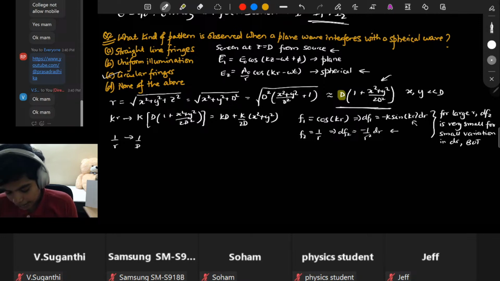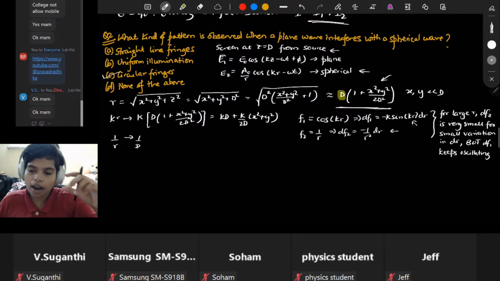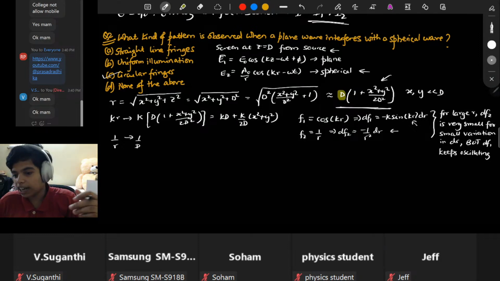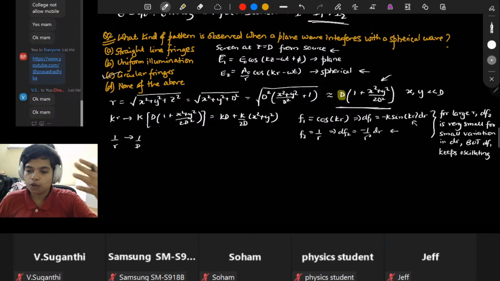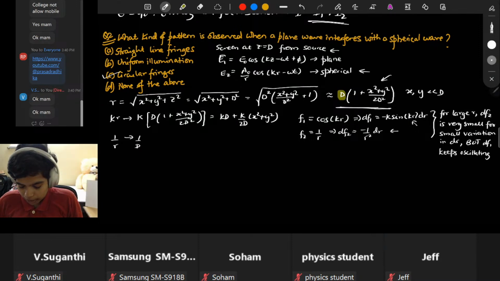df1 has this sine kr, it is oscillating. So you keep changing your r, and df1 keeps oscillating. Sine kr keeps oscillating between plus 1, minus 1, plus 1, minus 1, no matter what value of r you have. Whereas if you keep increasing r, then this term becomes smaller and smaller.